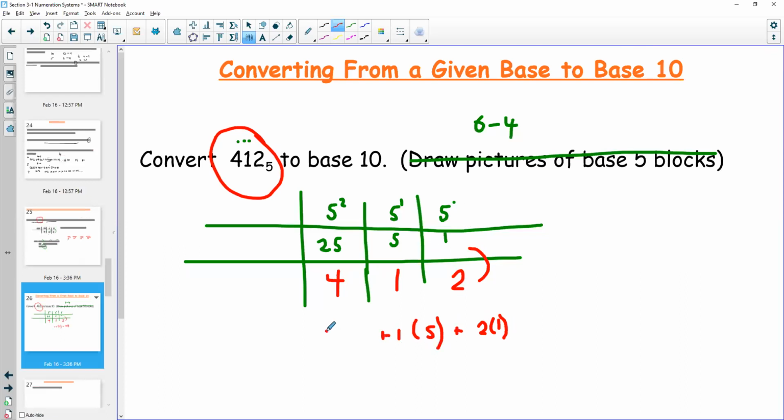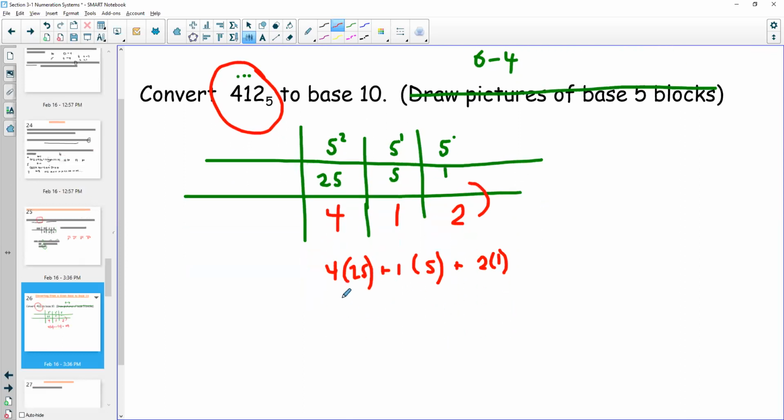Plus, I have 4 25s. Okay, now I just have to calculate. It's 100 plus 5 plus 2. So that means that 412 in base 5 is worth 107 in base 10.